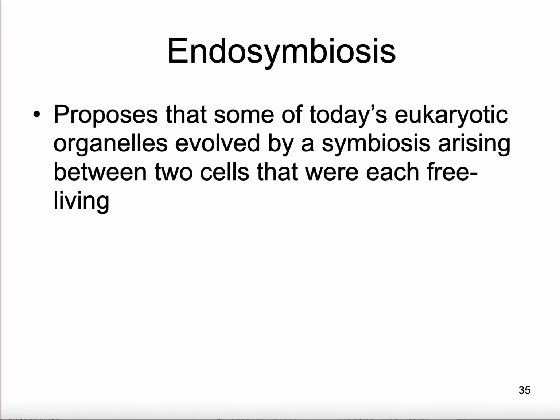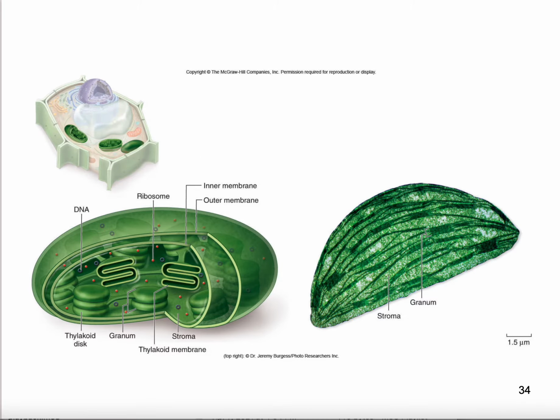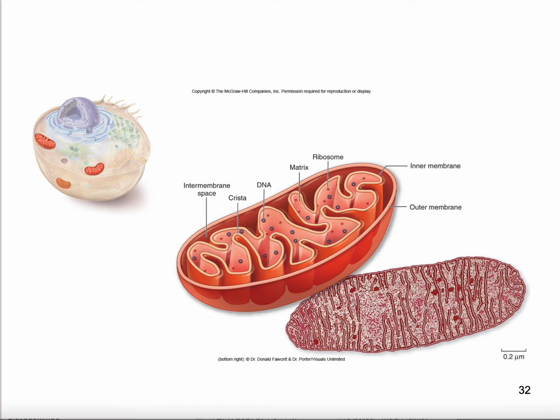One of them, chloroplasts, is able to capture energy from sunlight and therefore build glucose molecules out of sunlight energy and carbon dioxide, while mitochondria are able to take glucose and break it down in a way that makes it into useful energy for the cell, a process we will talk about in detail later.